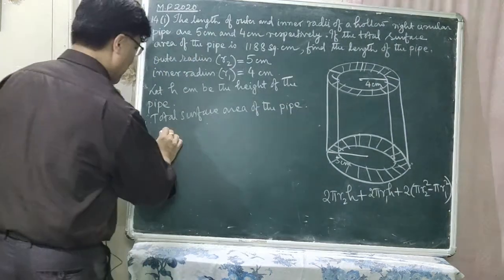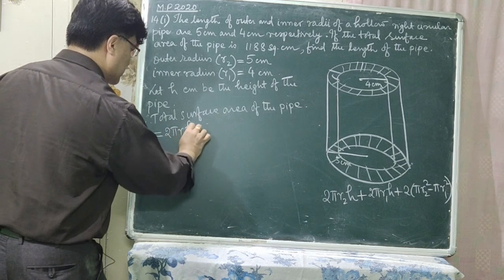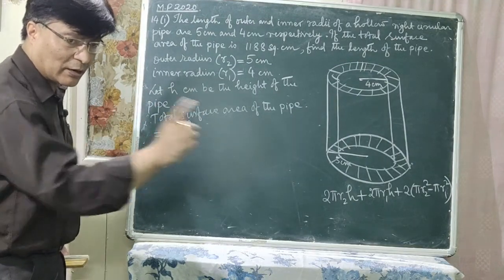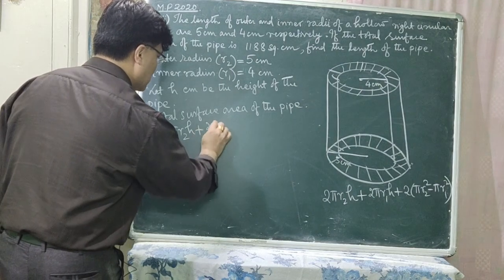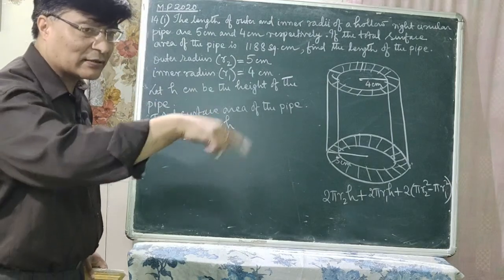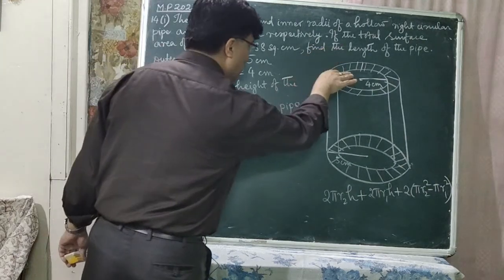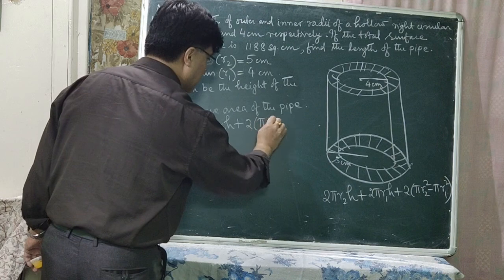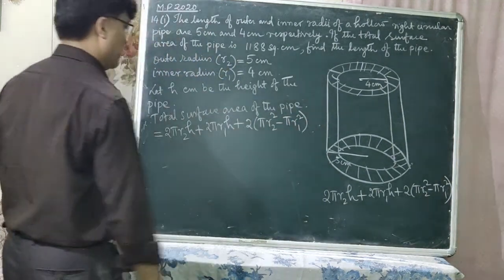Total surface area of the pipe is equal to, let us write down the formula, 2 pi r2h, that means area of the outer curved surface, area of the outer lateral surface, plus 2 pi r1h means area of the inner lateral surface of the pipe, and the area of the upper portion and area of the lower portion, that is twice within bracket pi r2 square minus pi r1 square.